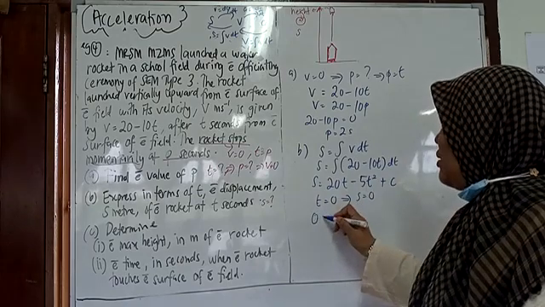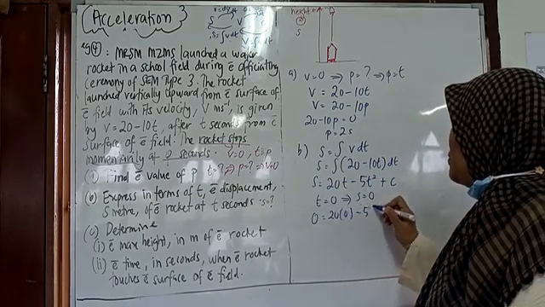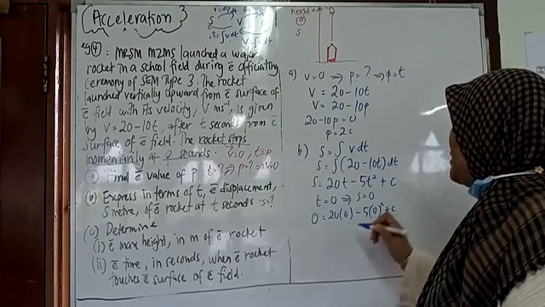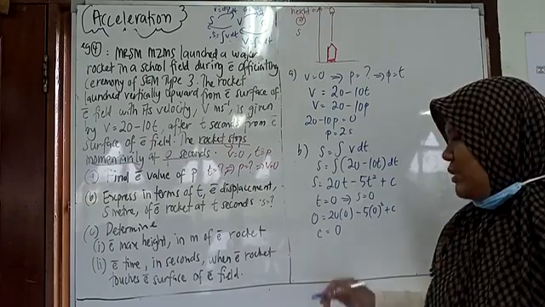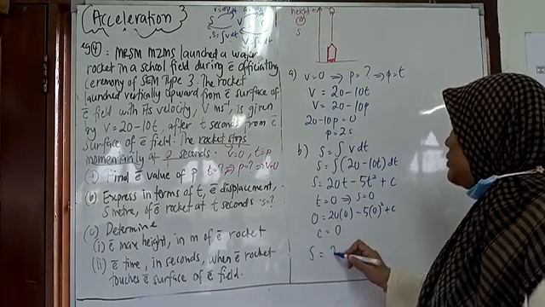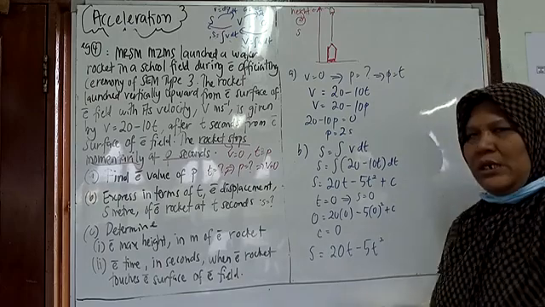So substitute s and t with 0, and we can say that c equals 0. So what is our displacement function? s equals 20t minus 5t squared.